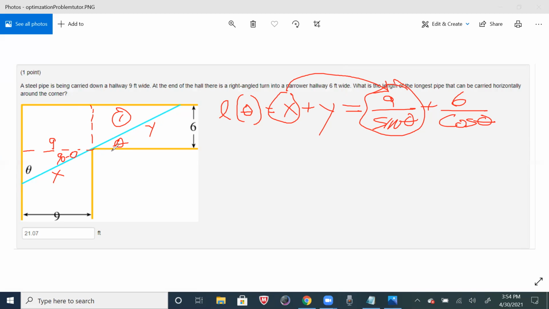So that's a vertical angle. So that's 90 degrees minus theta. And then you would have cosine of 90 degrees minus theta would equal the adjacent, which we don't know. The cosine of 90 degrees minus theta is the same as sine of theta, so trig identity.